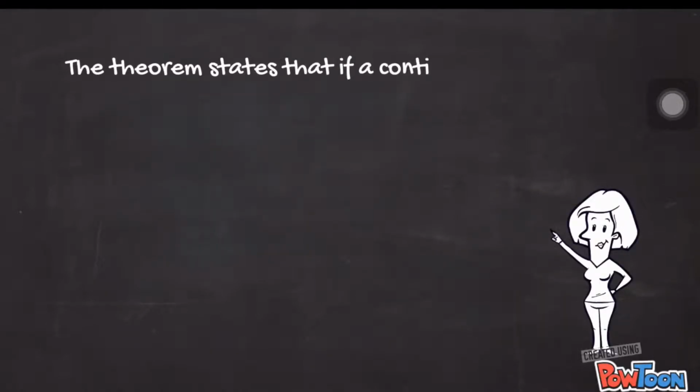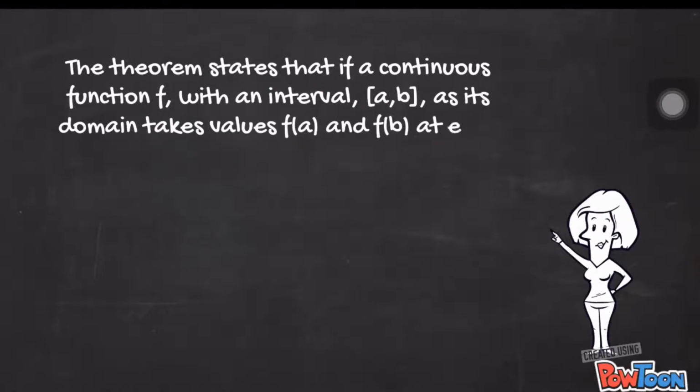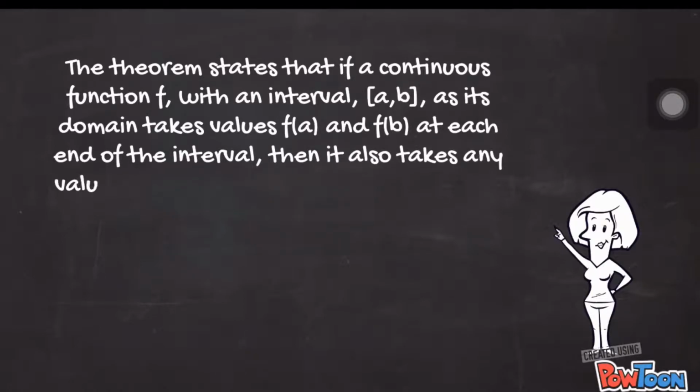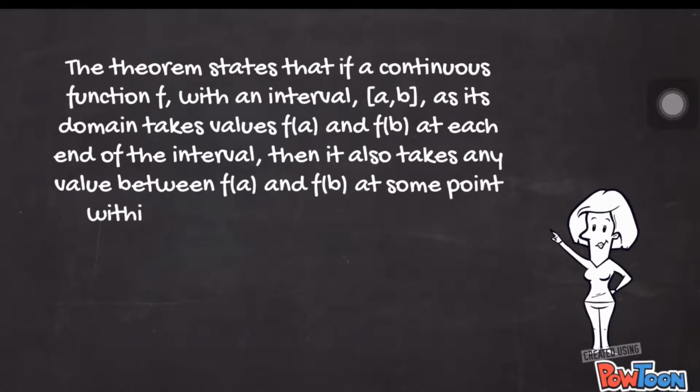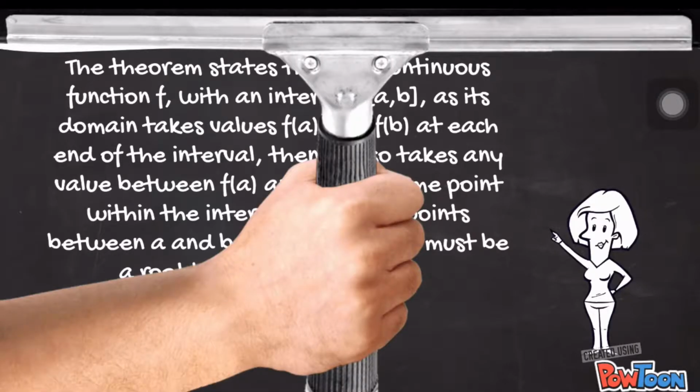The theorem states that if a continuous function f with an interval of a and b as its domain takes values f of a and f of b at each end of the interval, then it also takes any value between f of a and f of b at some point within the interval, between a and b. Therefore, there must be a root between them.